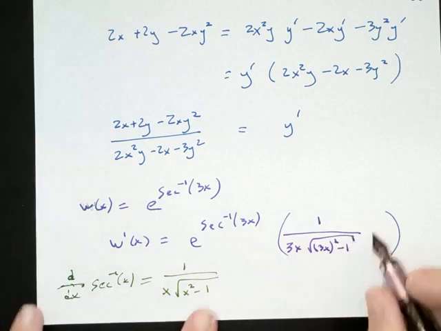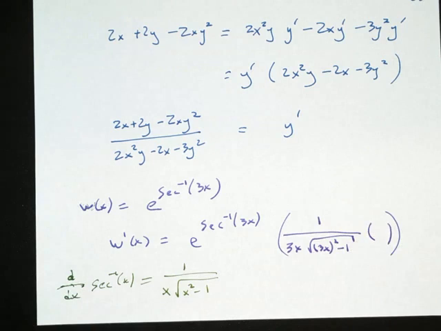But since that's stuff, there's another chain rule involved. It wasn't just secant of x, it's secant inverse of stuff, which means I need the derivative of stuff, which is derivative of 3x is 3. Perfect, I'm done. Did it say more? Then walk away.